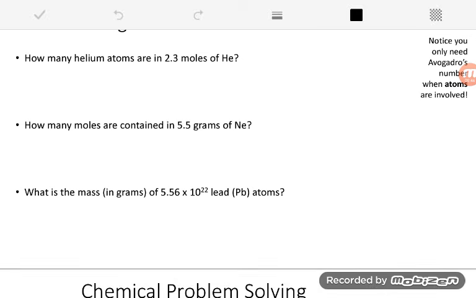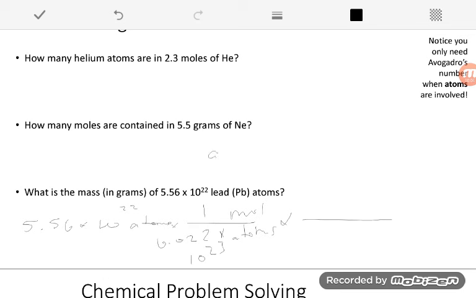So we started with my 5.56 times 10 to the 22 atoms. We put our atoms on the bottom, and moles have to go on top. So 1 mole is equal to 6.022 times 10 to the 23rd atoms.